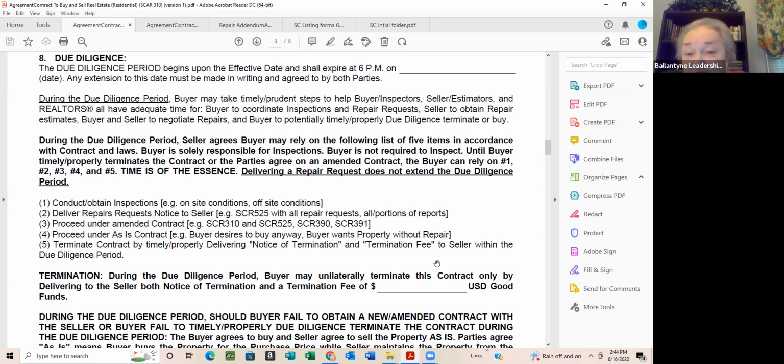However, from the effective date to this date, for whatever reason, if the buyer terminates, the seller can expect to get this amount of money. This termination fee has to be in good funds, US dollars, okay?